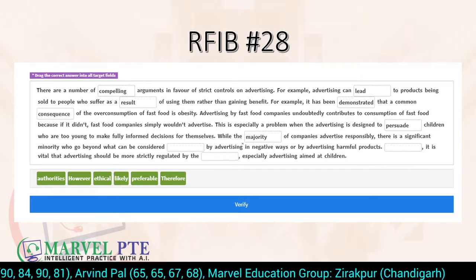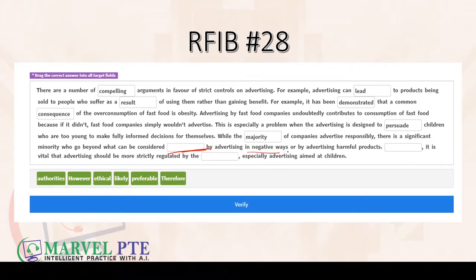Now we are going to see what can be considered by advertising in negative ways. Now what can be considered, how we fill it: considered harmful, considered useful. All these are your adjectives, okay? So one thing, we are going to eliminate everything except adjectives. So ethical or preferable, what can be considered?